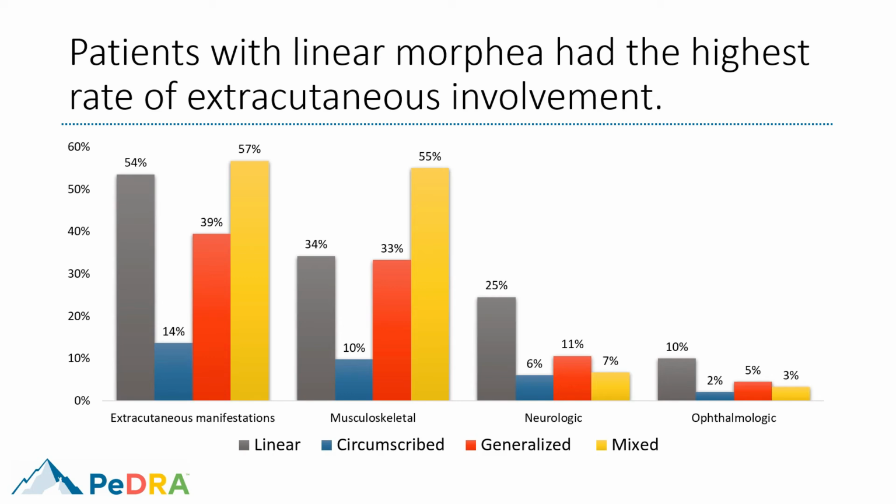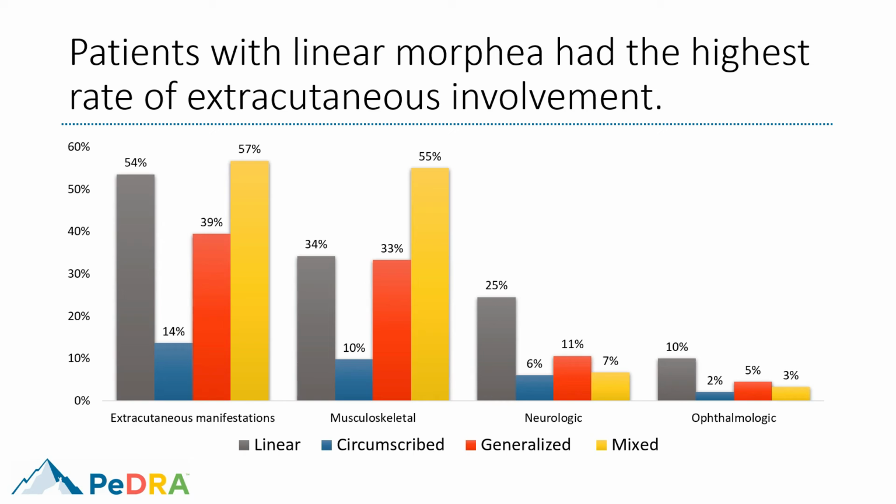We also did find that patients with linear morphea had the highest rates of extracutaneous involvement. This was something that we knew. You can see in these graphs here that patients with linear morphea, as marked with the gray bars, had higher rates of extracutaneous manifestations compared to those with circumscribed morphea, which are the blue, and generalized morphea, which is the red.